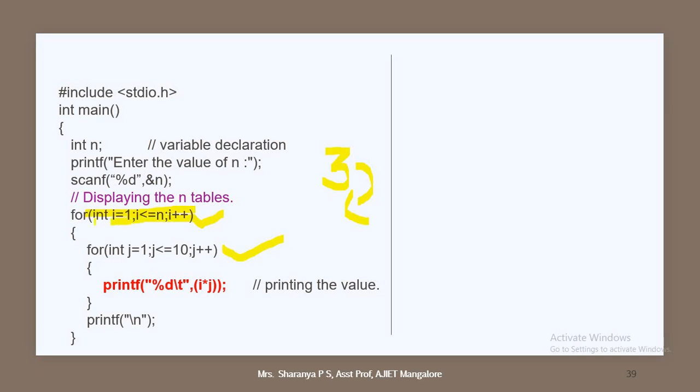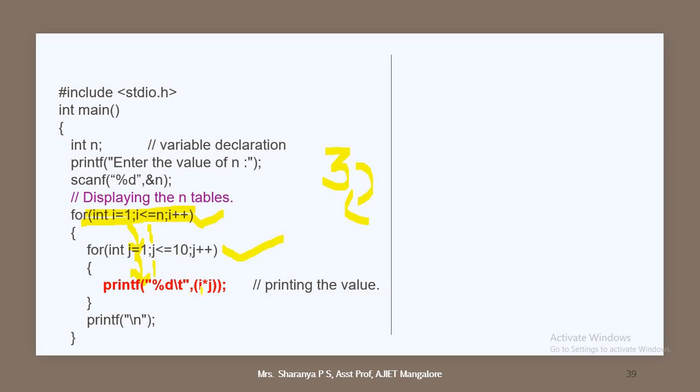The outer loop, the first time with the value 1, will come inside, and here it will print the value with j equal to 1 and j less than or equal to 10. With j equal to 1 it moves inside, since the condition j less than or equal to 10 is true.